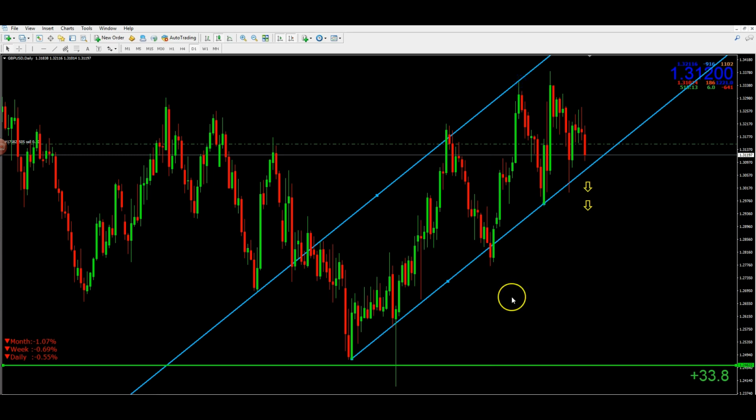Now, I suppose some of you who are watching this, who've been following me, would want to figure out, if you don't already know, some of the ways in which I'm able to catch a lot of pips on a regular basis. This is one of the methods I use. What I would advise is that you get perhaps 5 currency pairs.